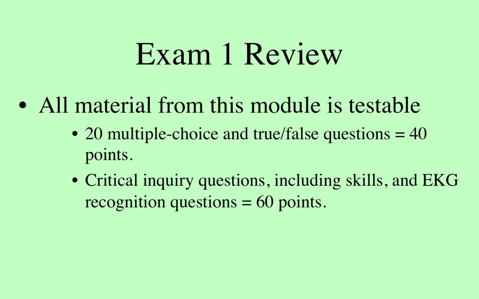Another area in critical inquiry could be labeling the different waves and intervals and items along those lines too, again based on what we've seen in the course pack and in the book. So that concludes Module 1, which is in 2 parts, and that concludes the information for Exam 1.